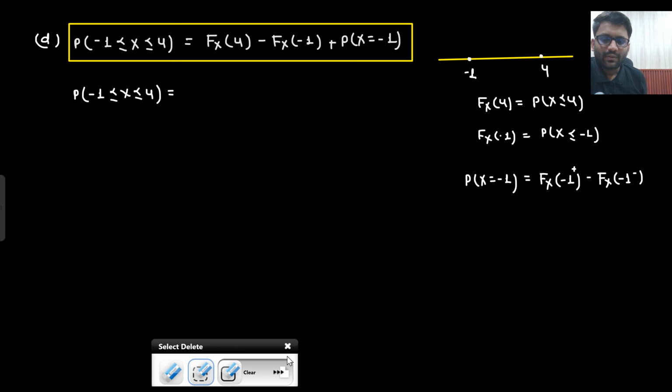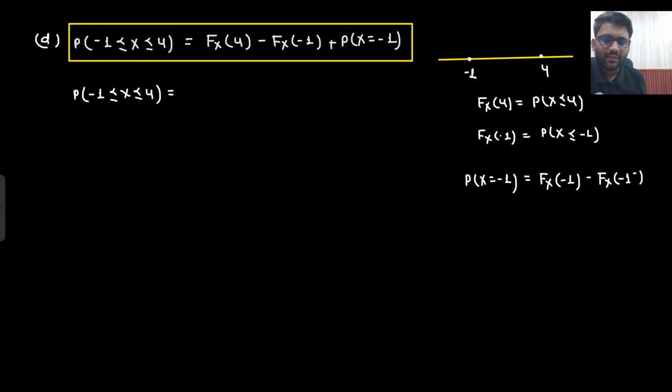So in place of minus 1 plus, let's just write down minus 1, right? So what I will get is, I am taking this towards this side. What you will get? Probability of x equals minus 1 minus Fx of minus 1 is equal to minus Fx of minus 1 minus, right?